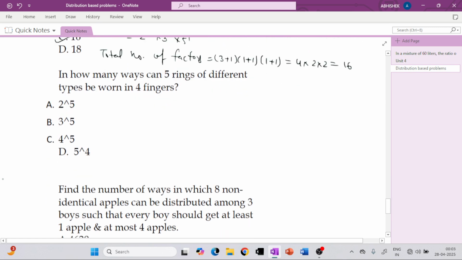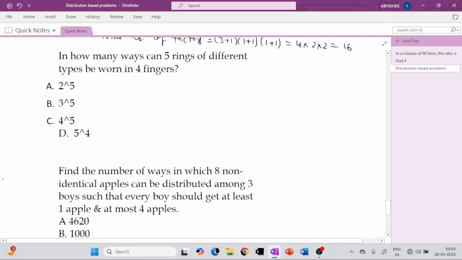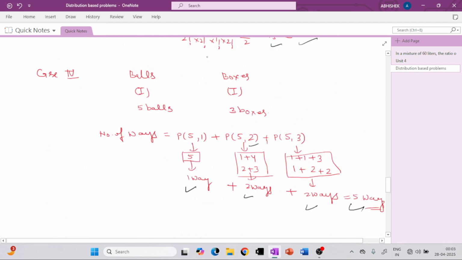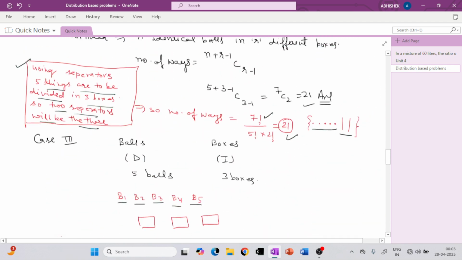In how many ways can 5 rings of different types be worn on 4 fingers? In this case, any finger may remain empty or unworn. So we have to place different things in different boxes, and boxes may remain empty.